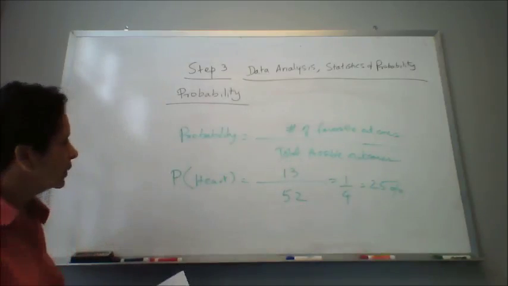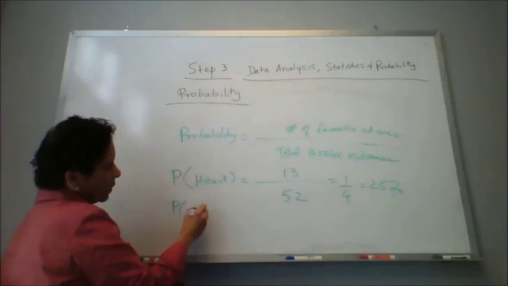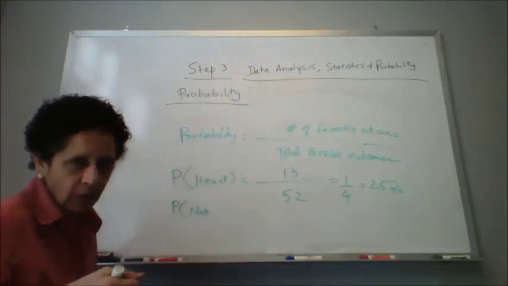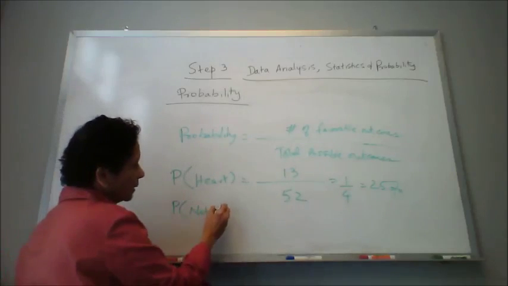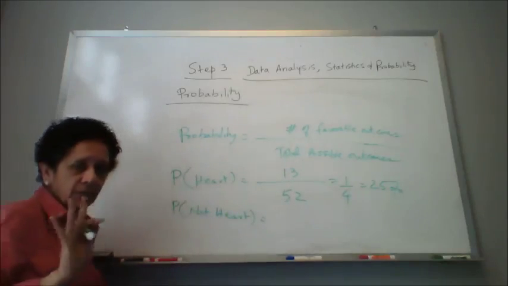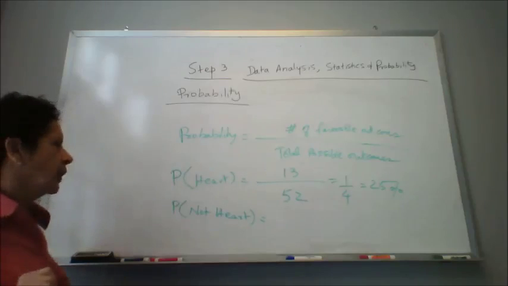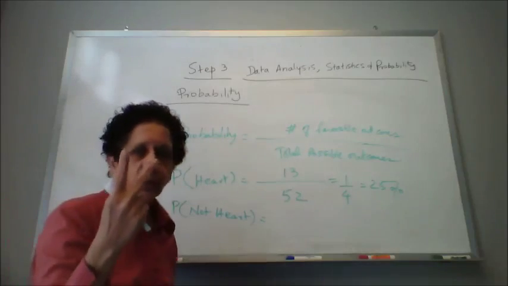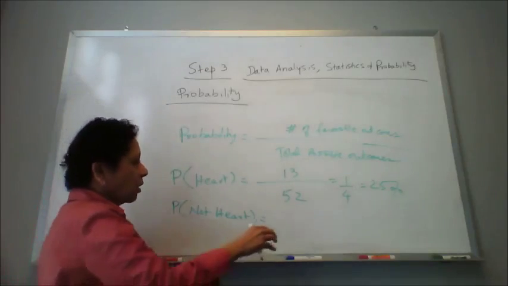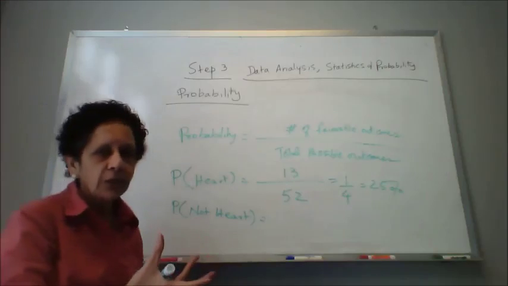Okay, so let's say I'm just taking one card. I want to know what is the probability that I would not get a heart, right? I don't want to get a heart. What is the probability that I don't get a heart, okay? So you can think of that in two ways, right? I already have said there is a 25% probability that I'm going to get a heart, right?